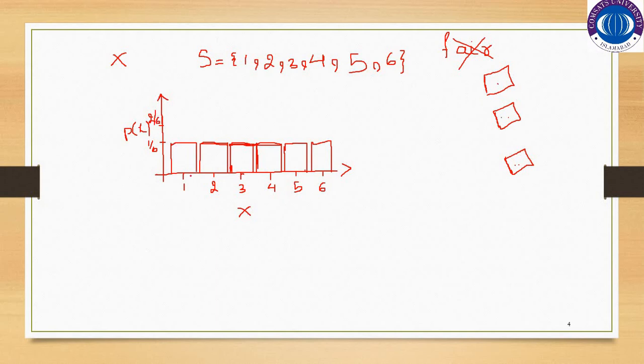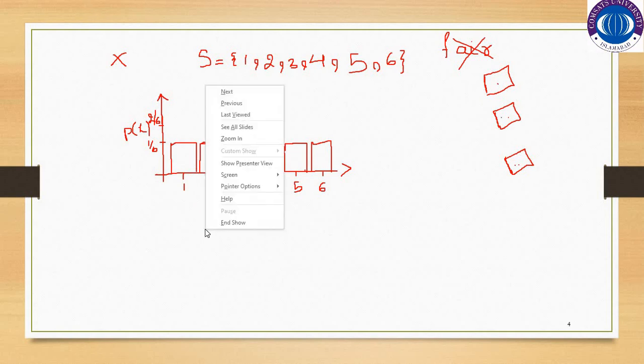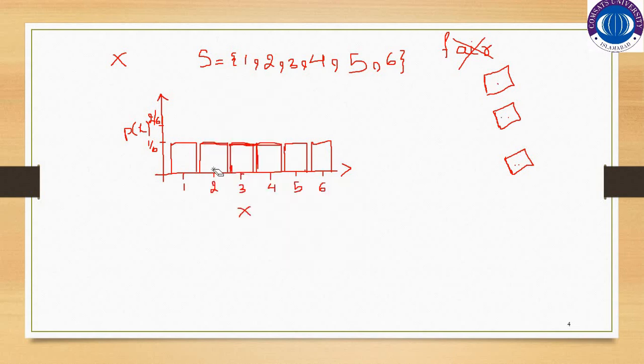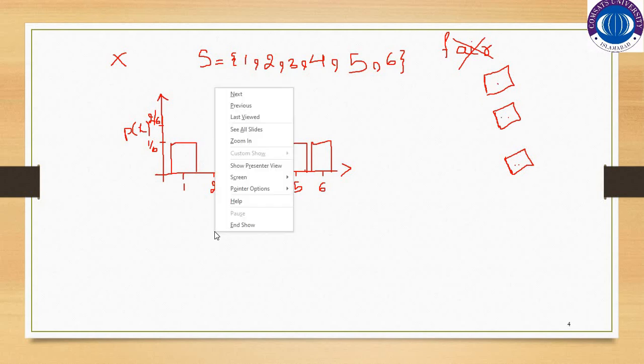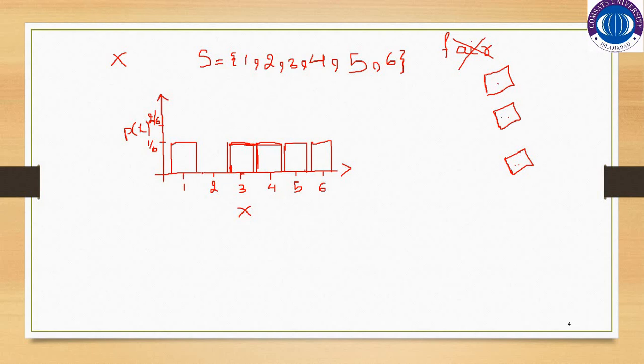So the probability of occurrence of the outcome 1 will be the same. It is 1 by 6, but the chances of the outcome 2 will increase. It will be 2 by 6. So the height of the bar will increase to 2 by 6.